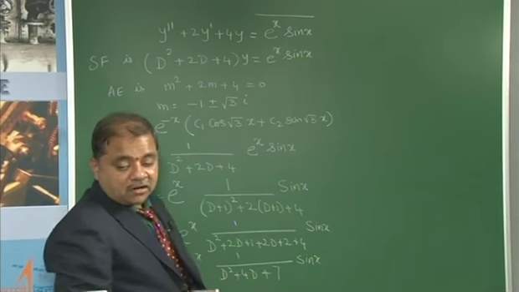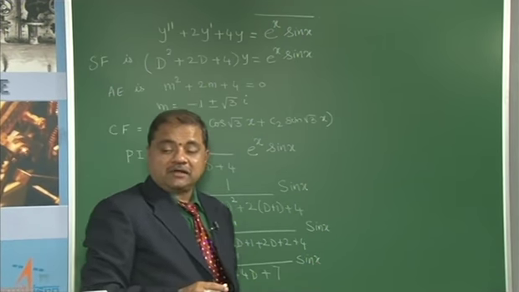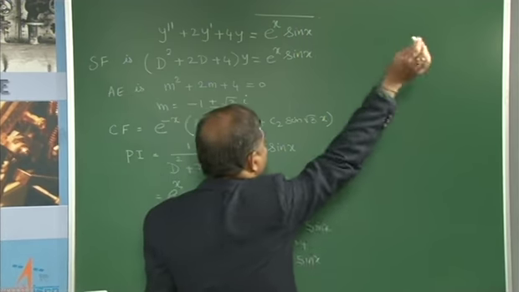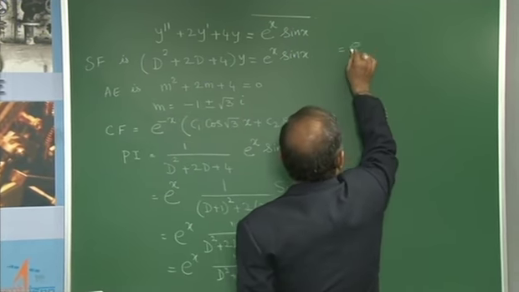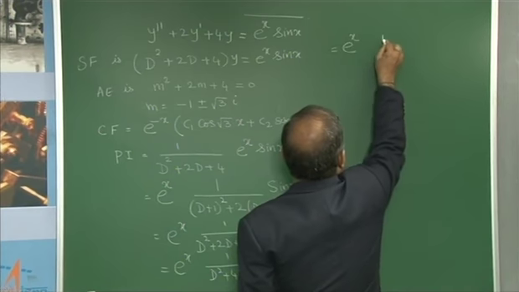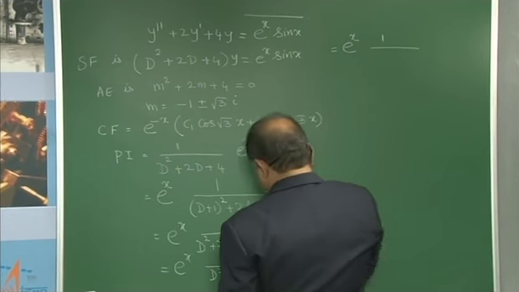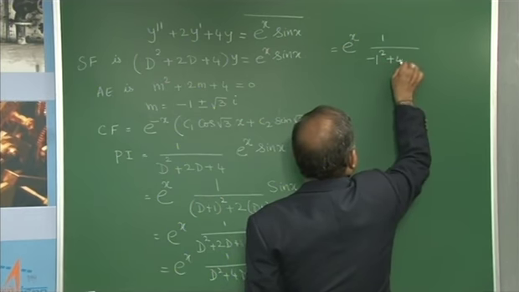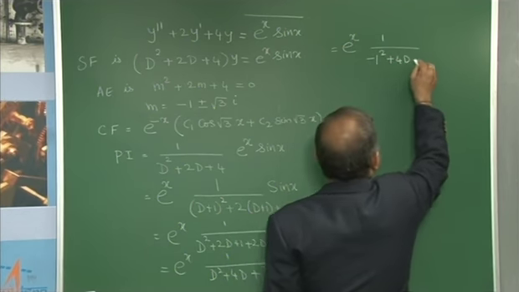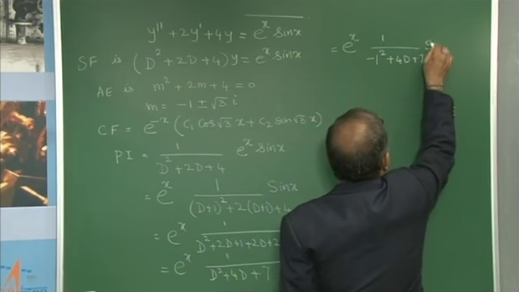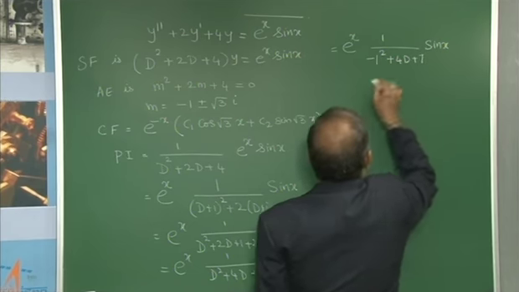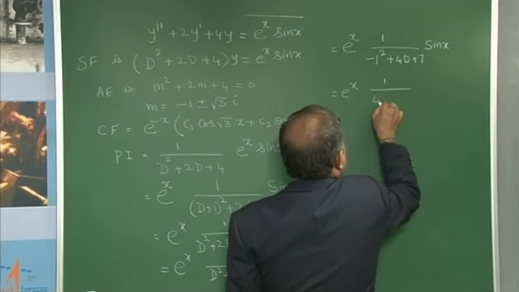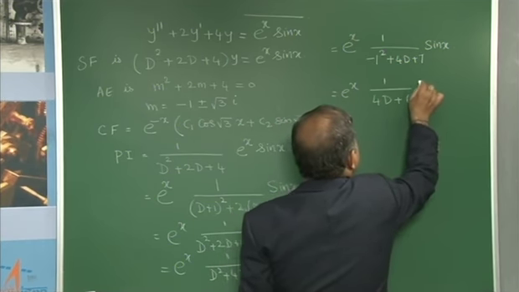Now it is of the type 2 method, replace D squared by minus b squared. So that is equal to e power x as it is, 1 by minus 1 squared plus 4D plus 7 into sin x, that is equal to e power x 1 by (4D plus 6) sin x.